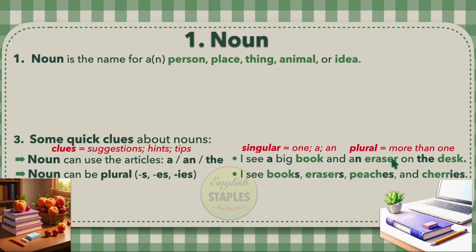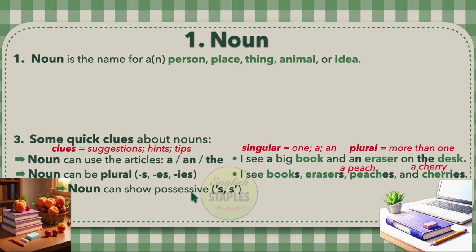An eraser, plural, erasers. A peach, and because it ends with CH, we have to add ES to make it plural. And the word cherry ends with a Y. The Y changes to an I, and then we add ES. Cherries.